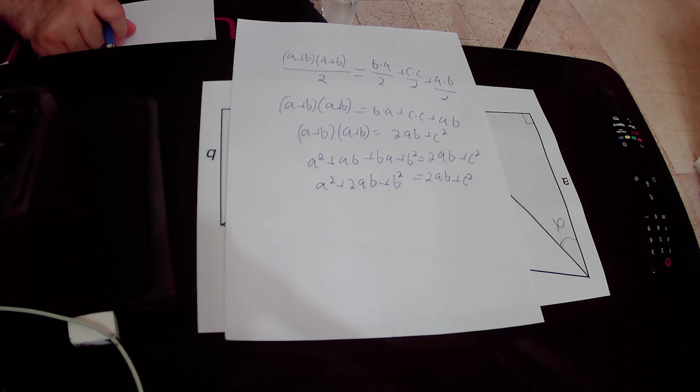So we can subtract 2ab from both sides of the equation.